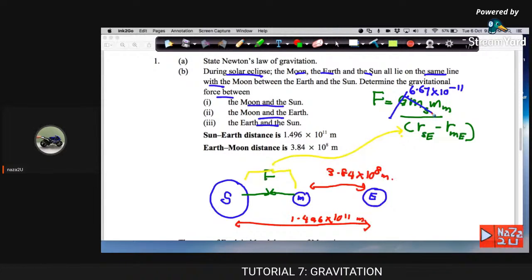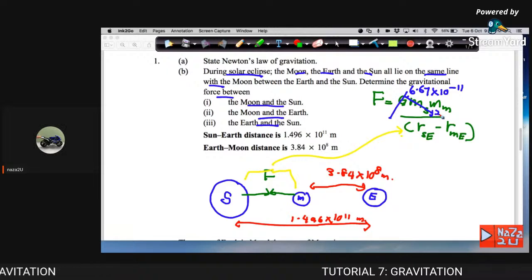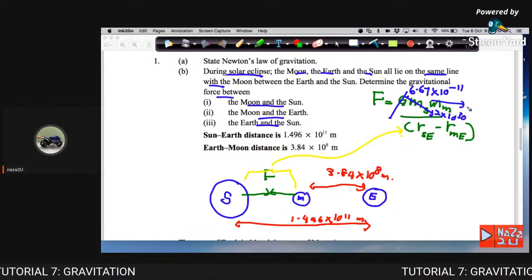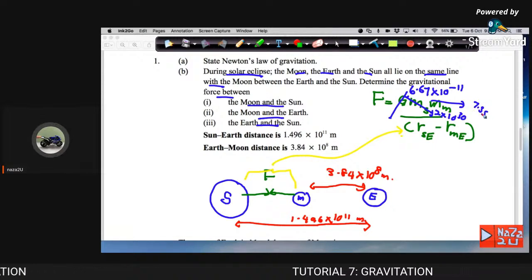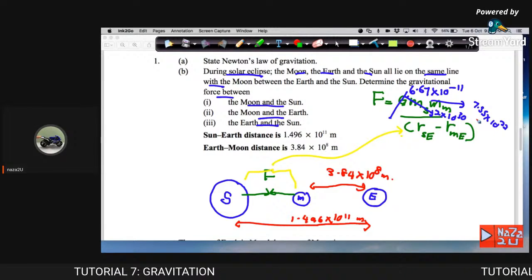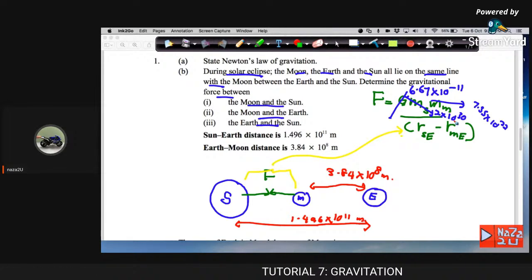Yang pertama ni sun ya, mass of the sun is equal to 2 exponent 30, right? Mass of the moon is 7.35 exponent 22. Jisim bulan semestinya lebih kecil daripada jisim matahari.